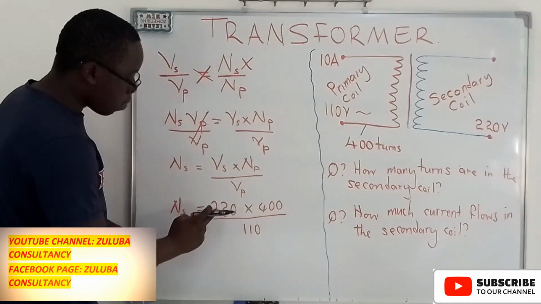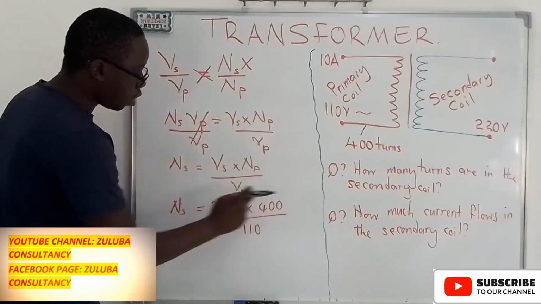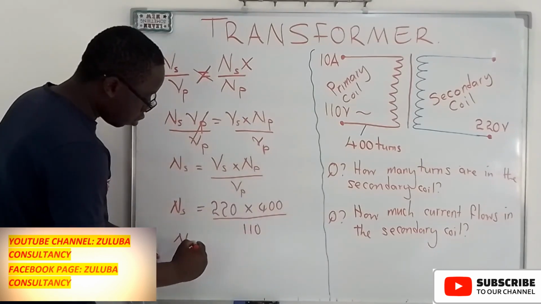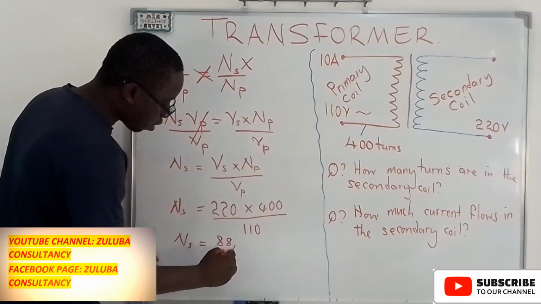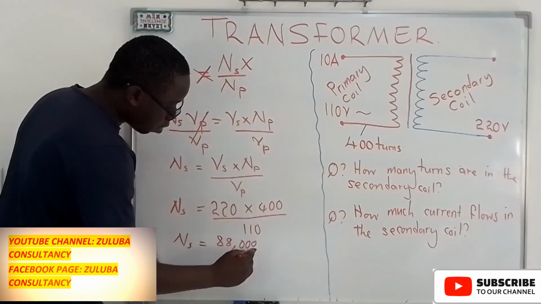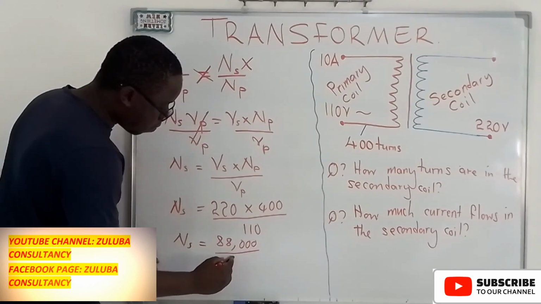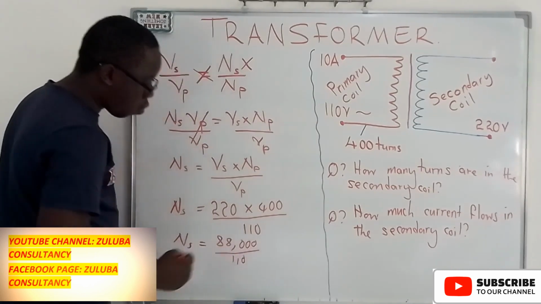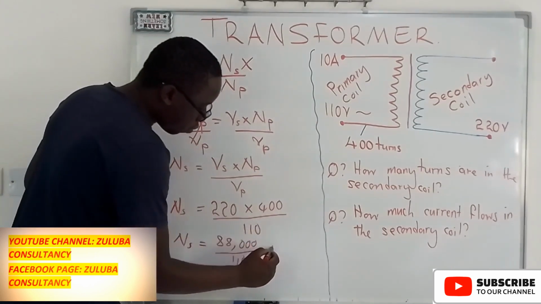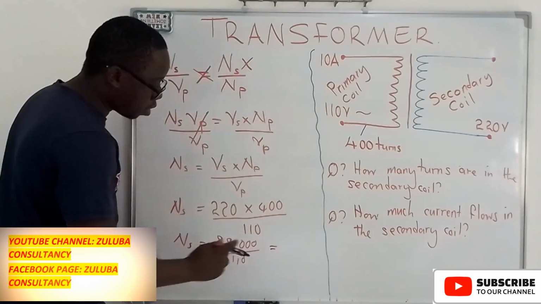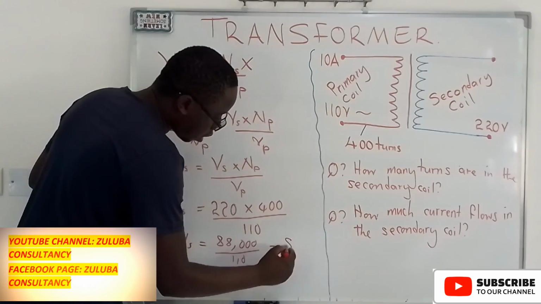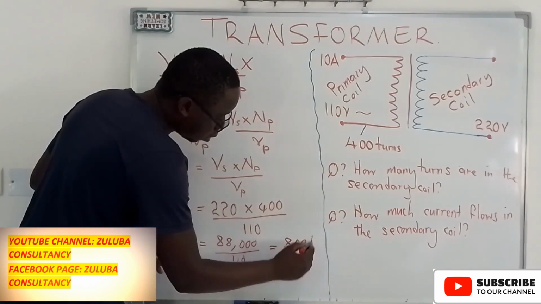When we multiply 220 and 400, you get 88,000. This is being divided by 110. If you divide 110 into 88,000, you should get 800 turns.